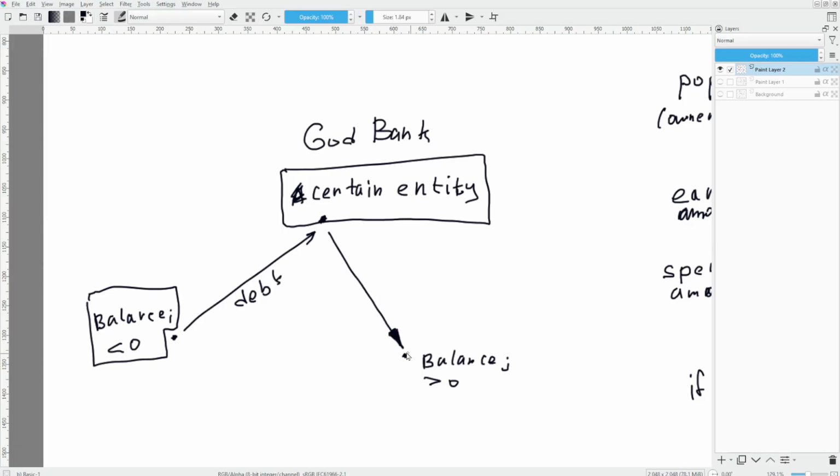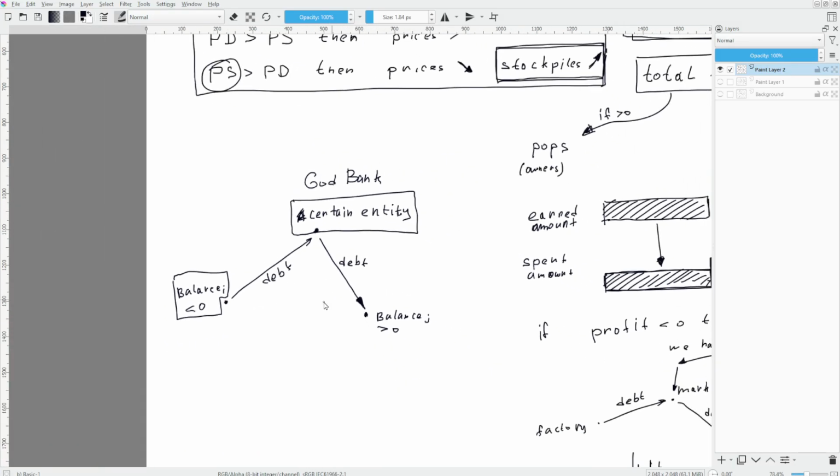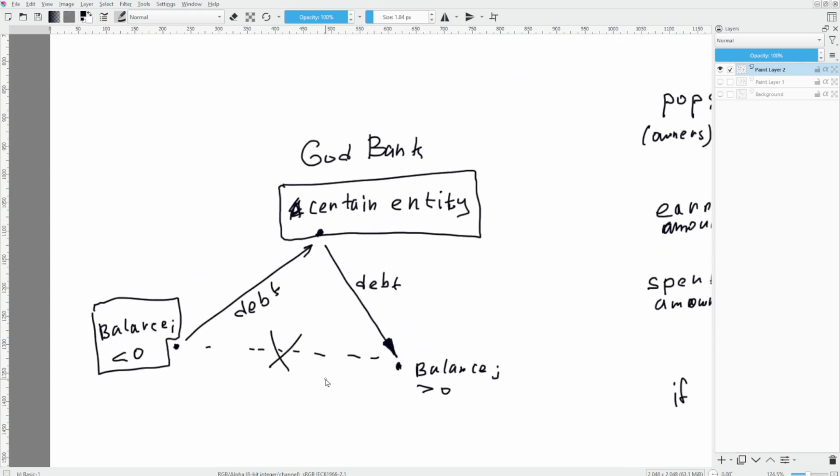So one could even say that all money is debt in our simulation, the Alice simulation. And we don't have chains like this. These chains are impossible. All debt is tracked relative to this God bank. If we have a negative amount of money, it means that we are indebted to the God bank.